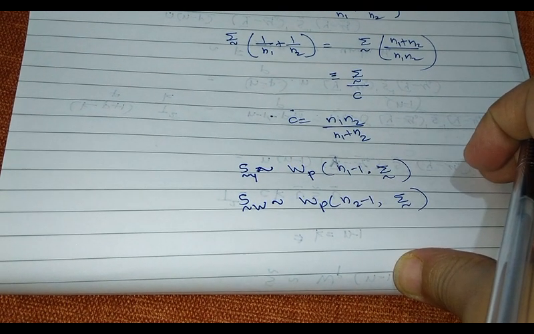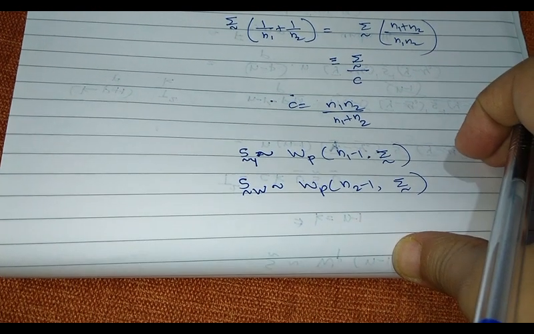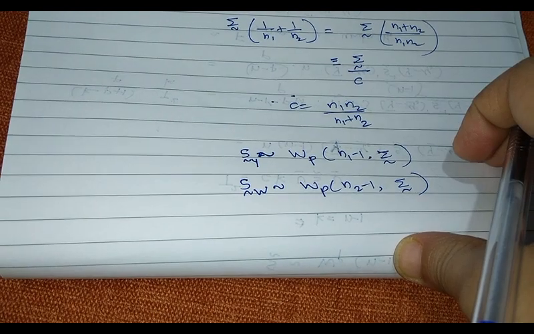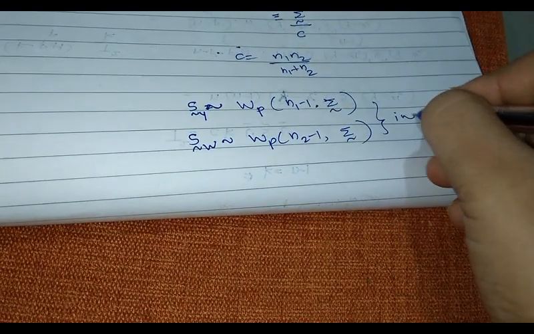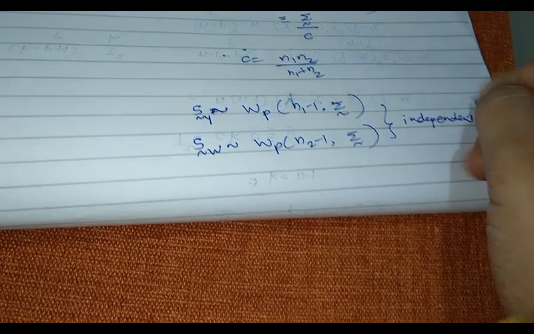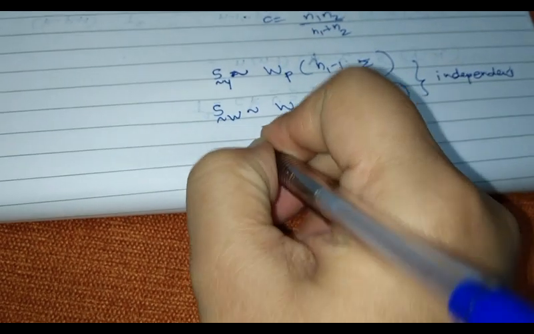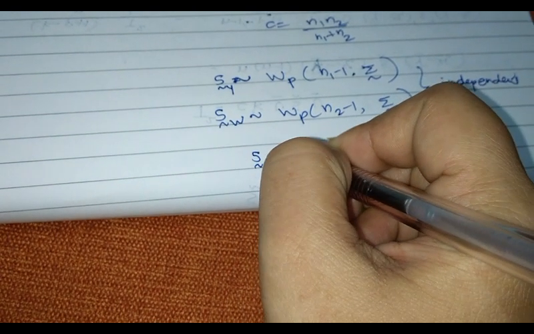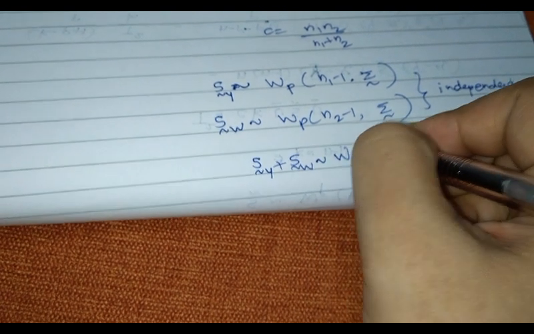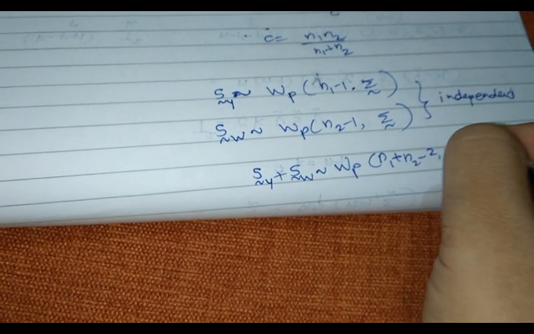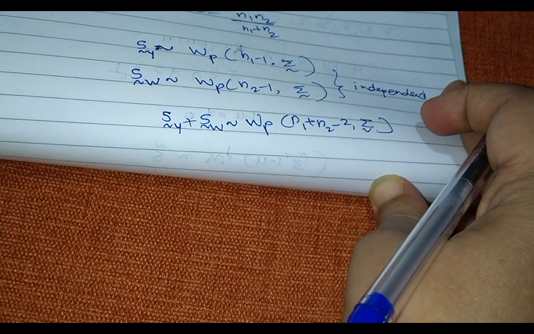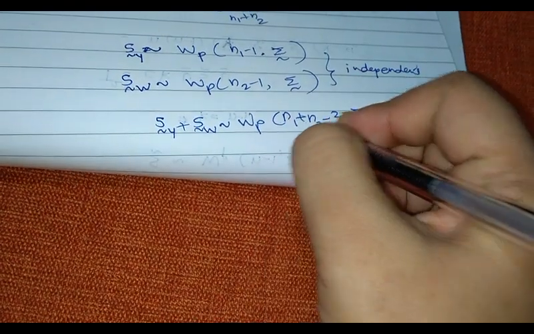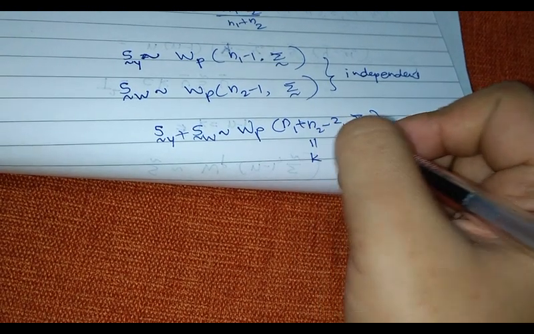Of course, since the original two populations are independent, these are also independent, and hence by additivity of Wishart, which we have already seen, SY plus SW will have a Wishart distribution with n1 plus n2 minus 2 and sigma. So n1 plus n2 minus 2 becomes my K.